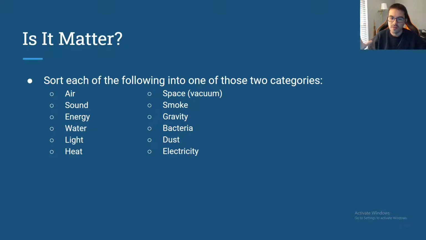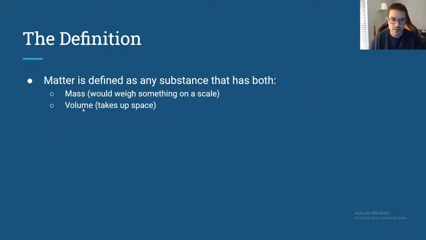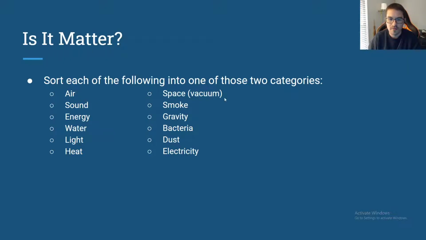It takes up space, but there's nothing in that space. That's what's weird about outer space, right? There's no air, there's no water. So outer space fits one of the categories, right? It has volume, but there's no stuff there, so it doesn't weigh anything. So technically outer space, the vacuum of space, does not count as matter because there's no mass.